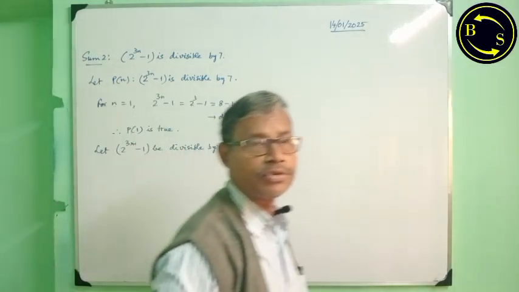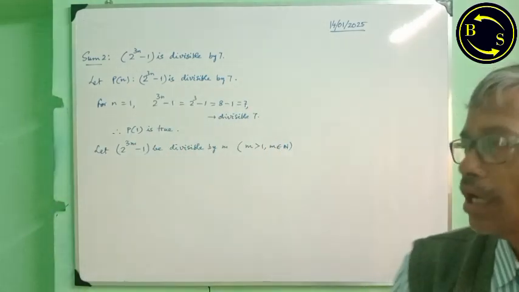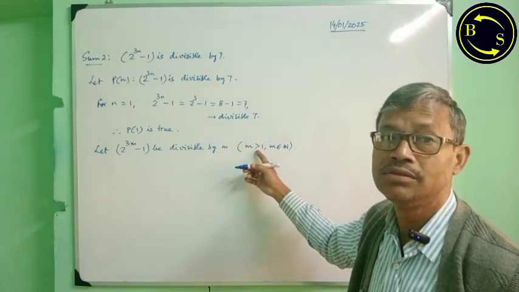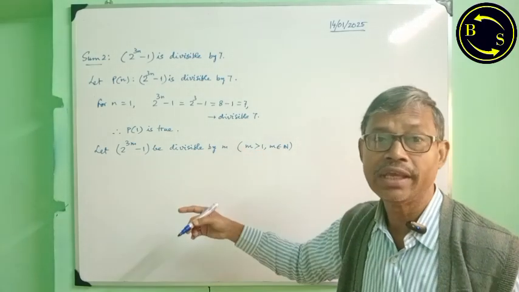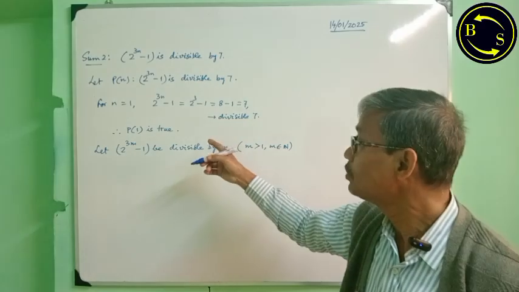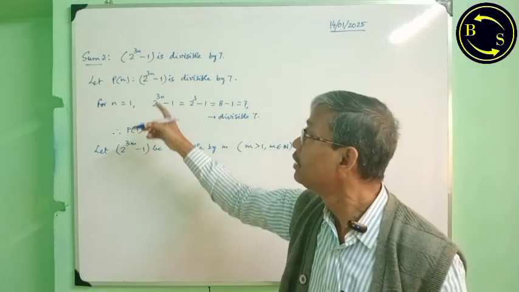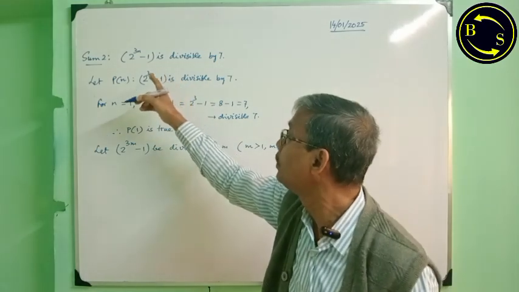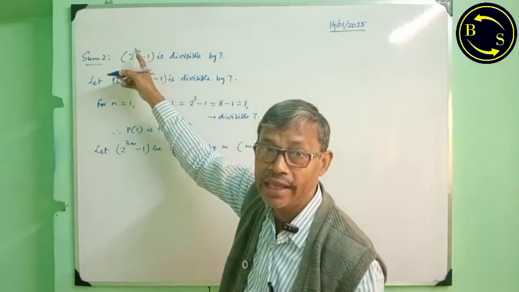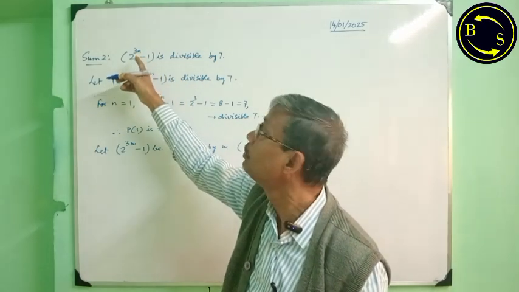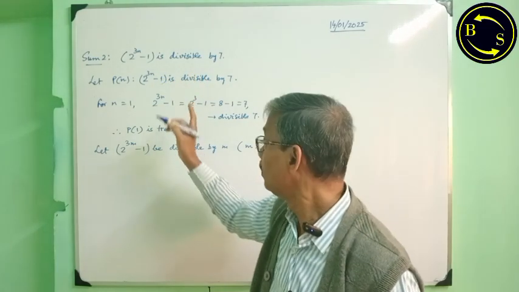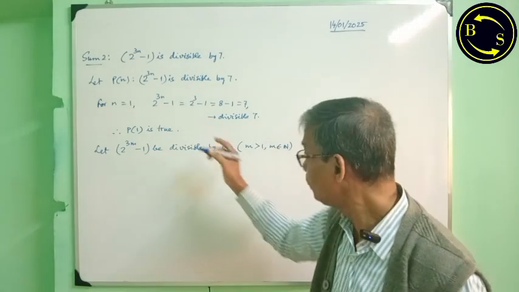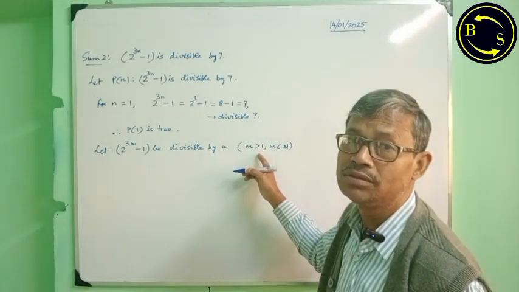Don't be confused. Sometimes I see students write m greater than or equal to 1. We first show the basic step. This is true for the minimum value of the variable. Here the variable is n and the minimum value is 1. After showing that, you need not write here m greater than or equal to 1.